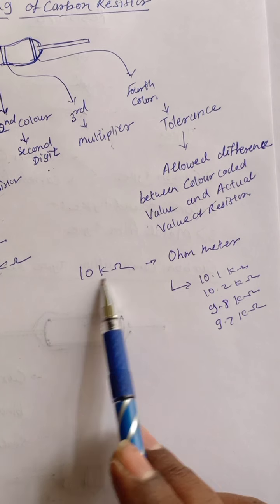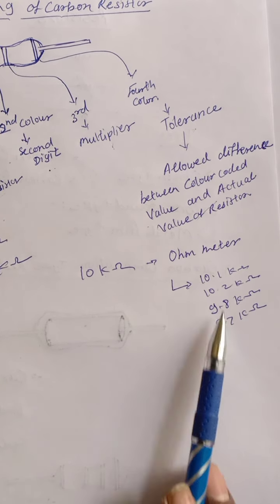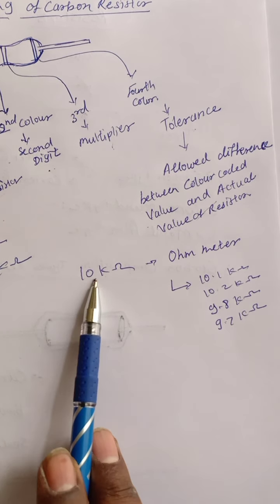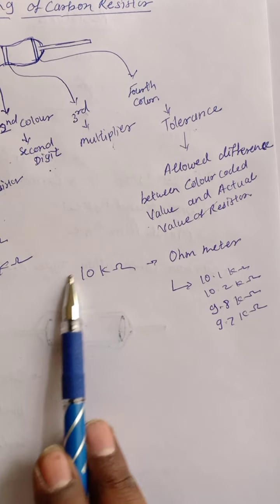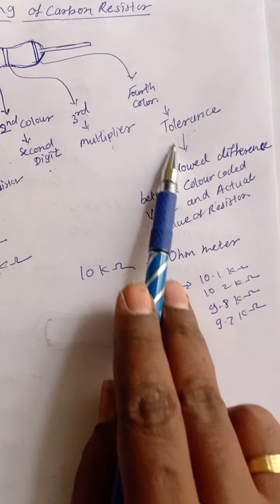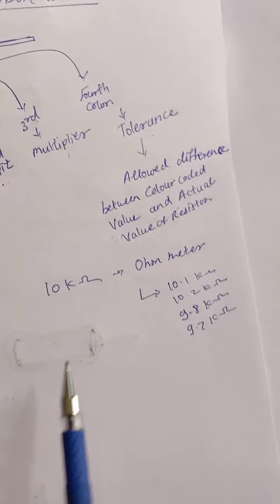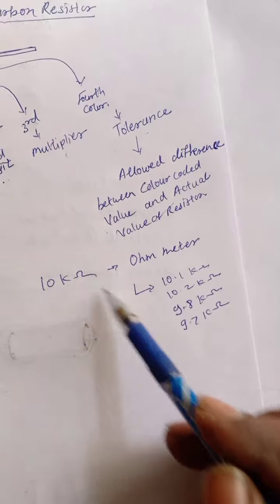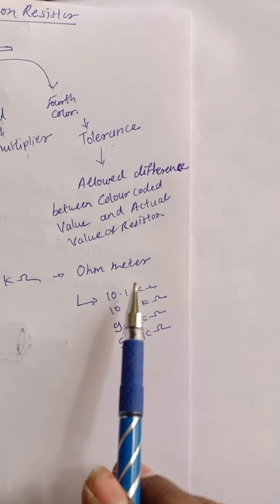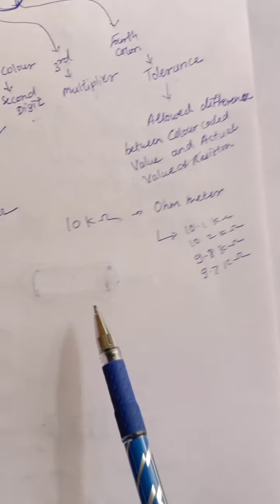The color coded value is 10k and the exact measured value may be one of these values. That difference is given by the tolerance. You can repeat this video and listen again once or twice, then you can understand easily. It is the allowed difference.